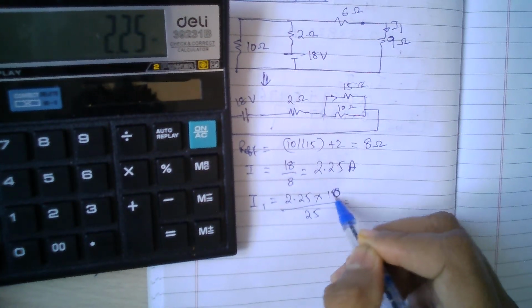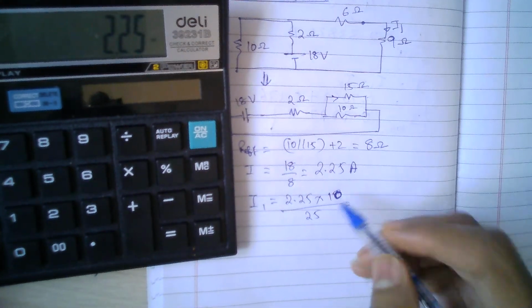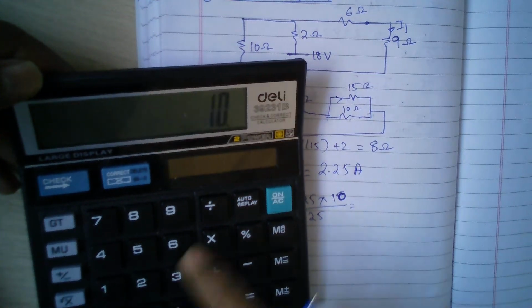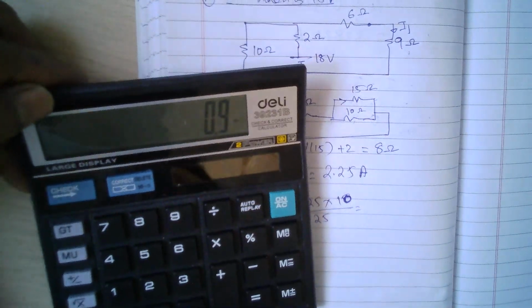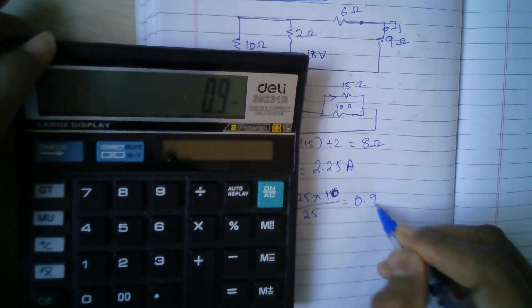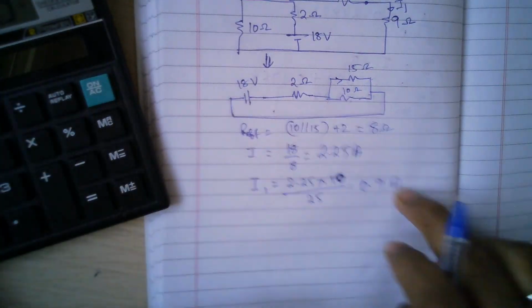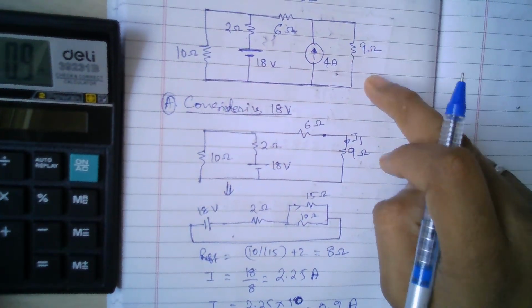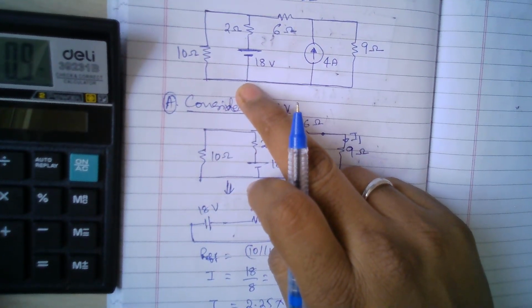I'm sorry, multiplied by 10, the opposite branch, divided by 25. I'm getting exactly 0.9 amperes. This is the current flowing in the 9 ohm resistance because of the 18 volt battery.